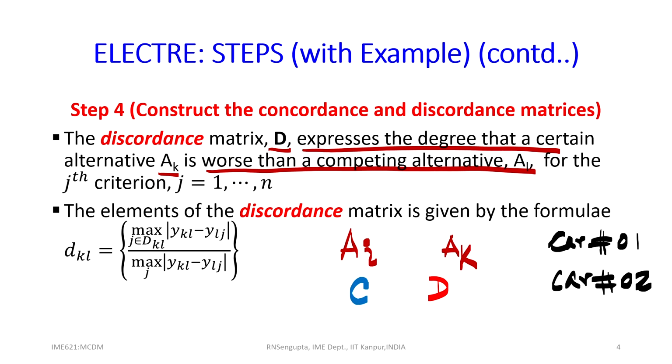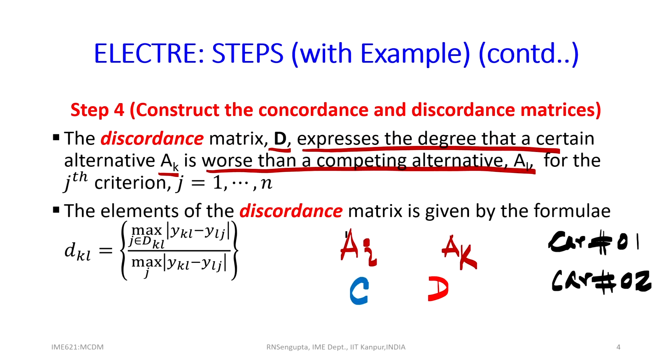So, D expresses the degree that a certain alternative A_k is worse than its competing alternative based on the fact for the jth criteria. And if you remember, we have analyzed and taken into consideration that there are m number of alternatives and n number of criteria.